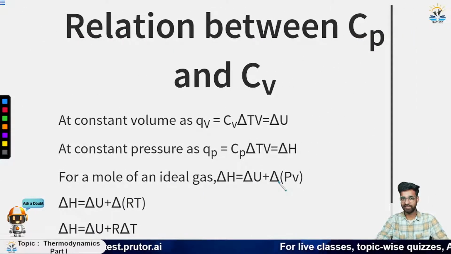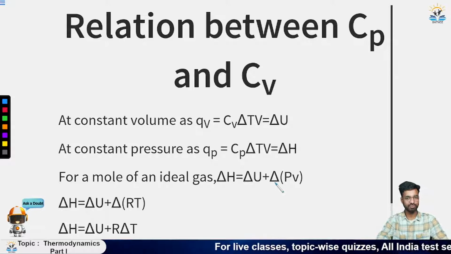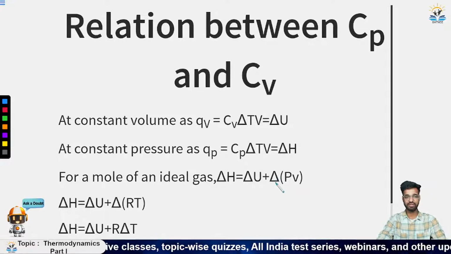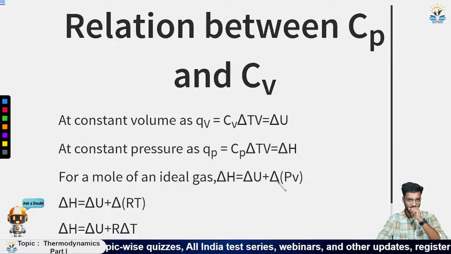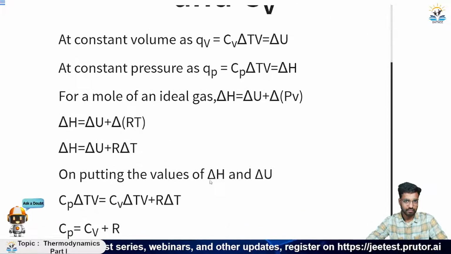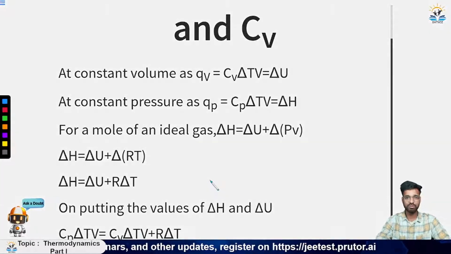Now if you want to see the derivation, this is the derivation that is very popular for showing that Cp minus Cv is equal to R. For that we use the formulas.